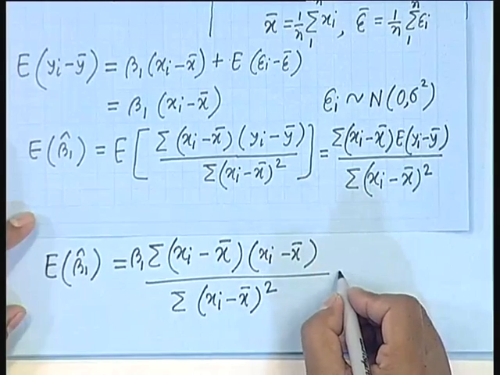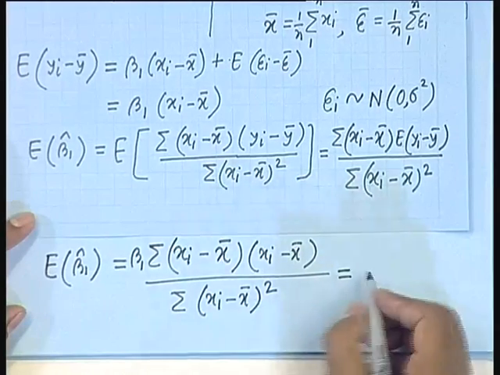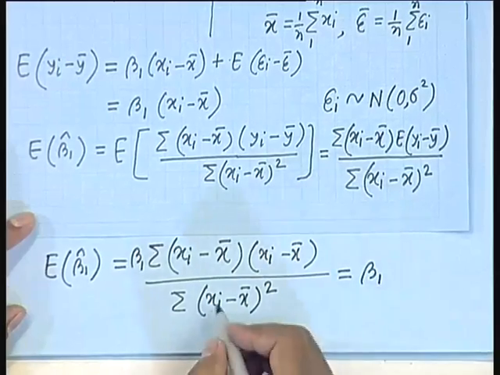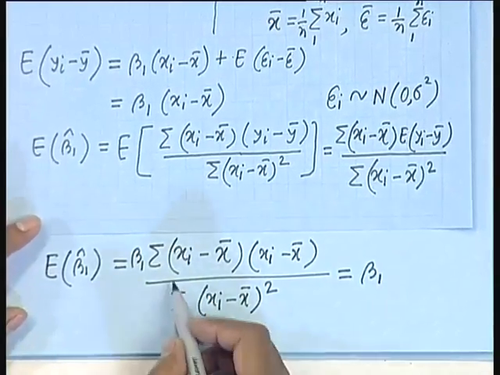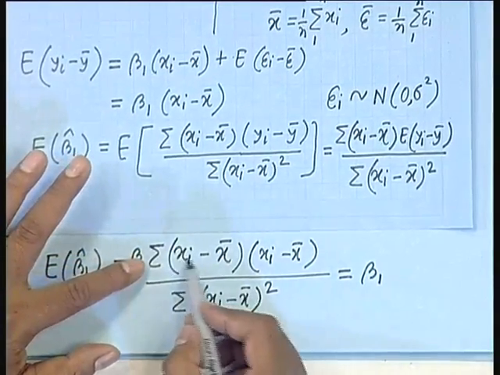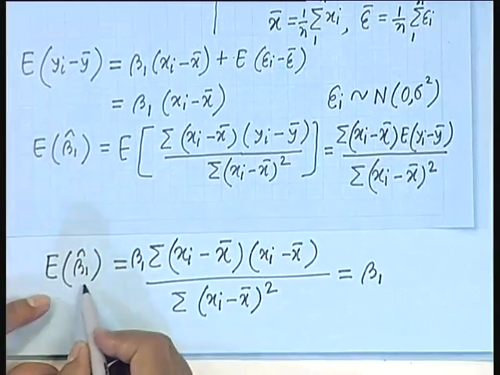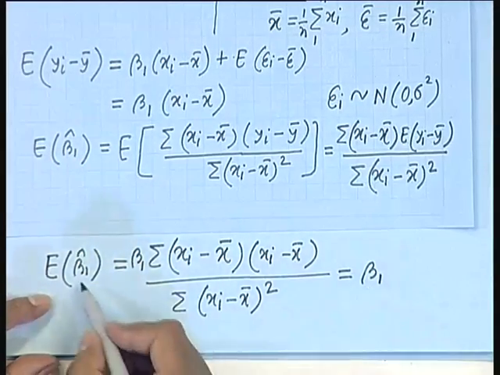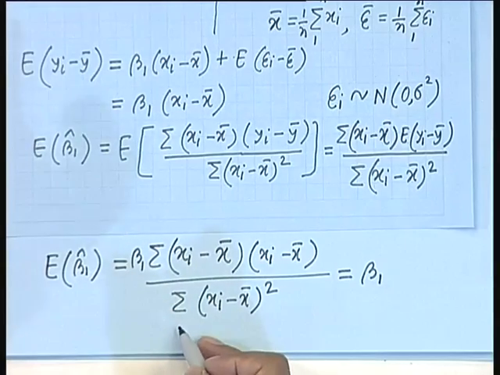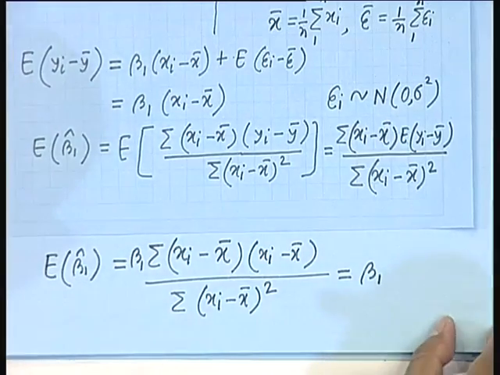So, this is nothing but beta 1 only, because the numerator is nothing but beta 1 times summation xi minus x bar whole square. So, we proved that beta 1 hat is an unbiased estimator of beta 1.